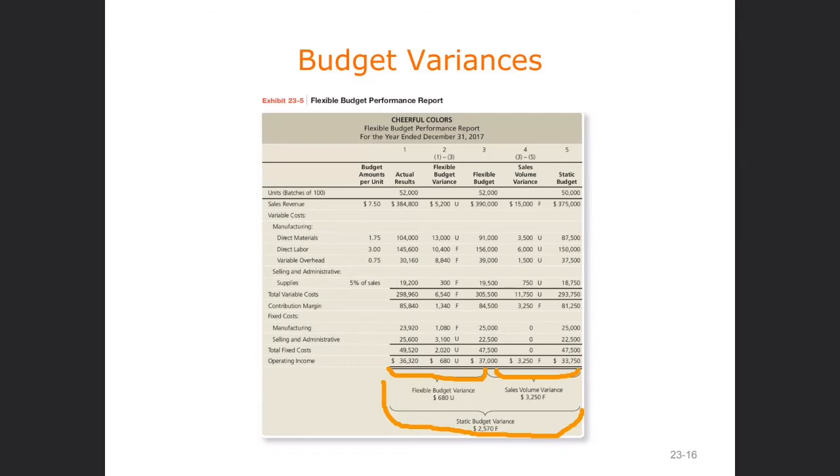For direct materials, what would the flexible budget variance be? You know that direct materials is 104,000, and your flexible budgeted amount is 91,000. Then you would say, is this favorable or not, and what's the difference? You plug that in and see if you got it right, because the answer is right here. You'll also see some of this on your homework and practice problems.